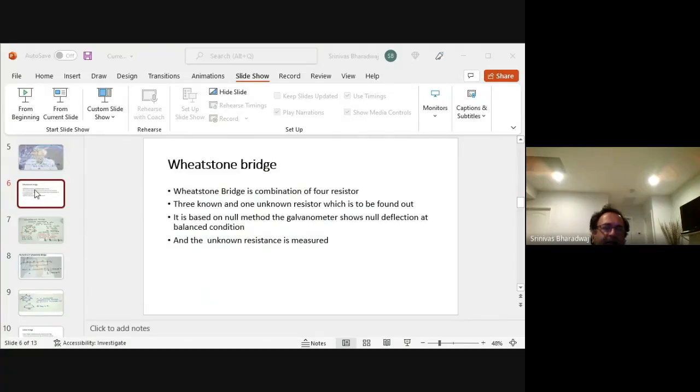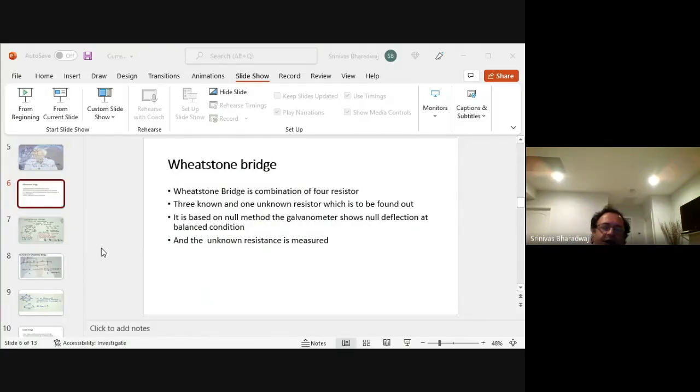So when does it happen that I1 R1 equals I2 R2? It happens when this branch acts in such a way that I1 R3 equals I2 Rx.